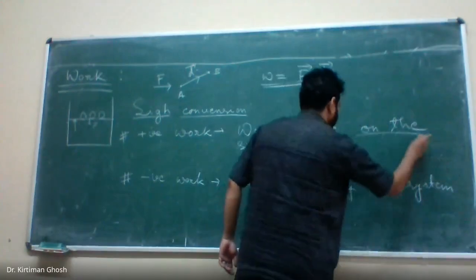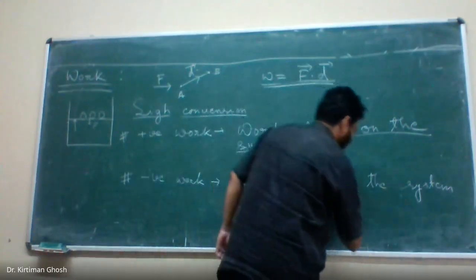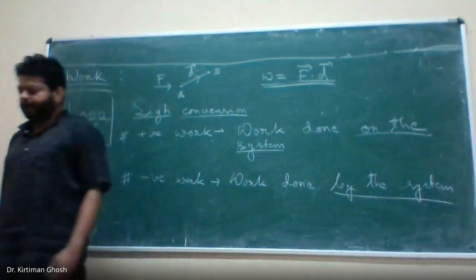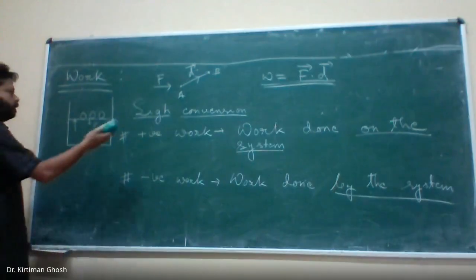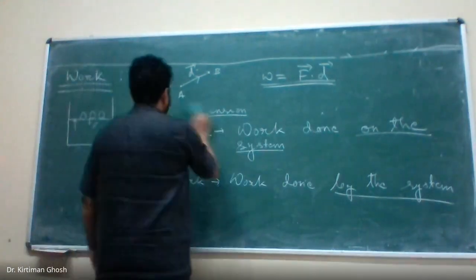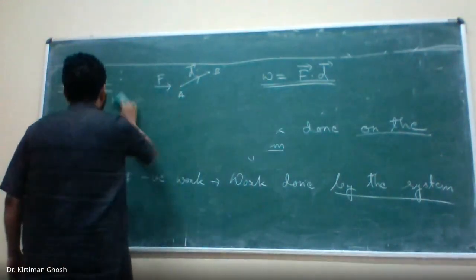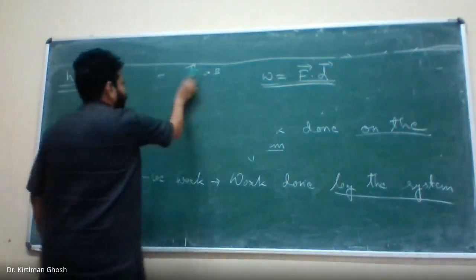This is important: on the system and by the system. We will be using these words frequently, so you need to understand what we mean by positive work, negative work, work done on the system, and work done by the system. So this is the sign convention we will be following in the rest of this course for work done.